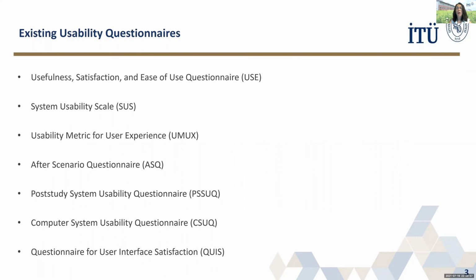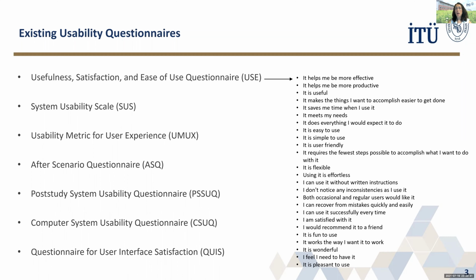Some of them are very generic, and we extracted the information that we can use for mixed reality environment out of those questionnaires and included it in our proposal. For example, the first one, usefulness, satisfaction, and ease of use questionnaire, is a very generic one, and it's used for evaluating the products.